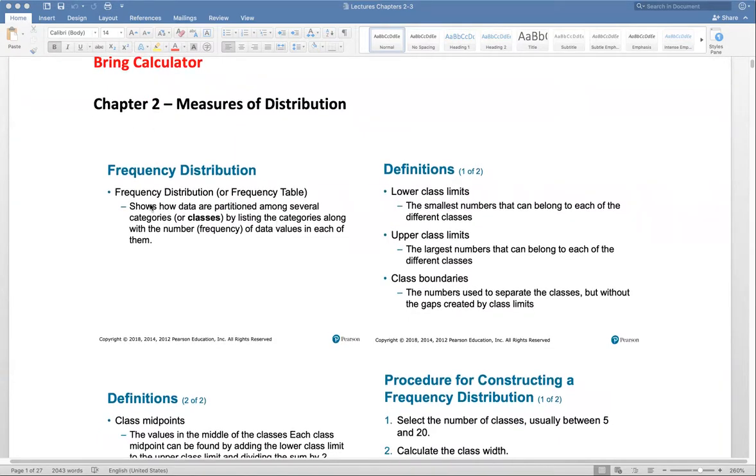A frequency distribution shows how data are partitioned among several categories. It lists the classes, the categories, along with the number or frequency of data values in each of them.